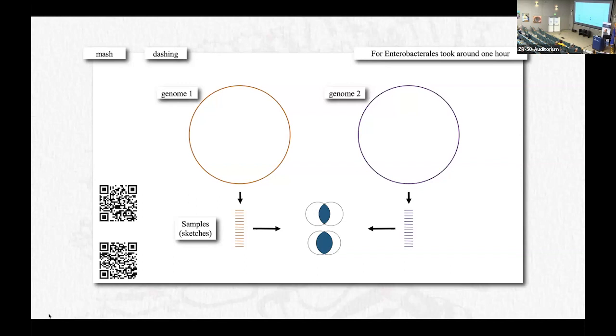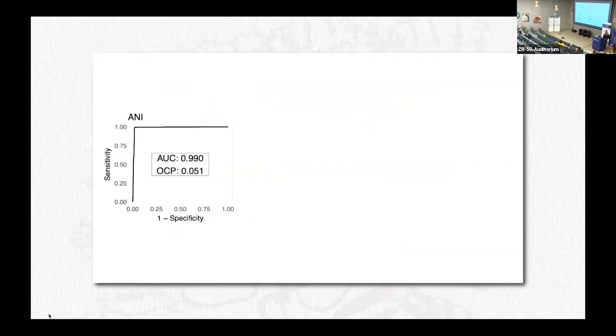To be completely open and honest, I thought there's no way this is going to work. So hopefully the developer is not here. But we still had to try, right? So we tried separating species in Enterobacteria with ANI, and that's what we get. The closer you are to 1, the better it is. If you have 1, it means it's perfect separation of species, and that's ANI.